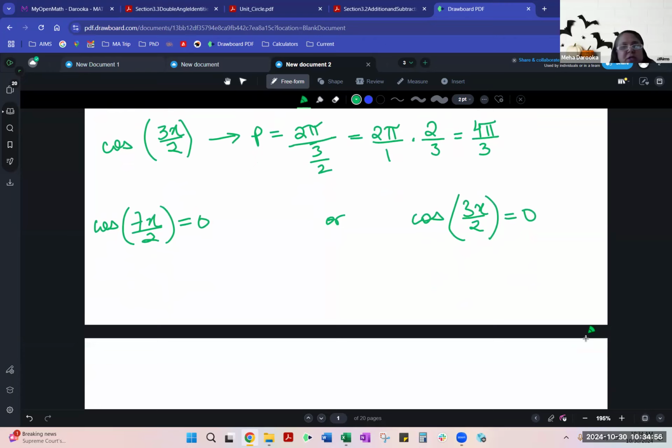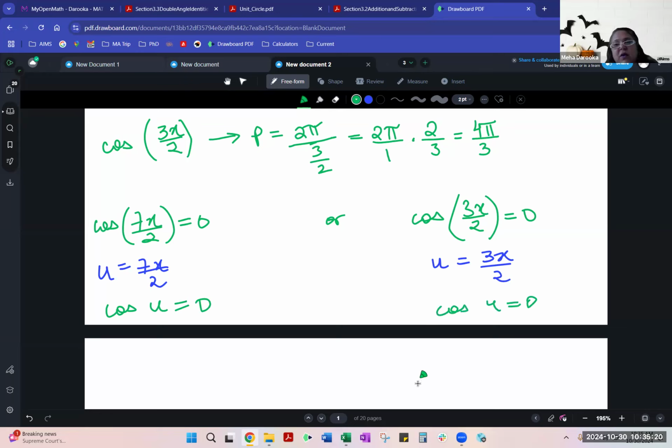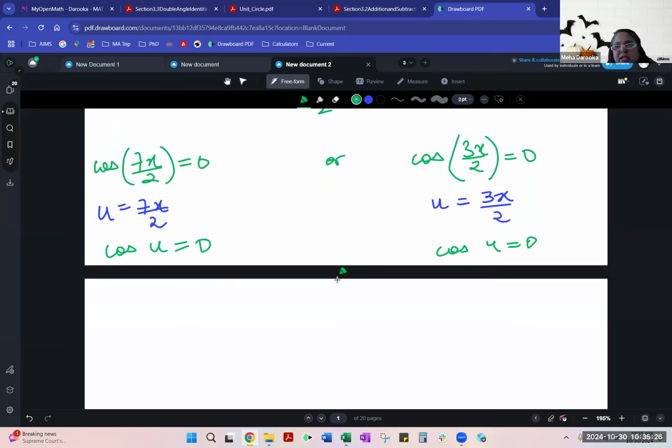If U is equal to 7x over 2, and for this guy U is equal to 3x over 2, then you are figuring out what cosine of U is for 0. Those answers will come out to be the same, but it will change once we undo the substitution. So can you tell me the angles where our cosine function is equal to 0? What should the value of U come out to be?